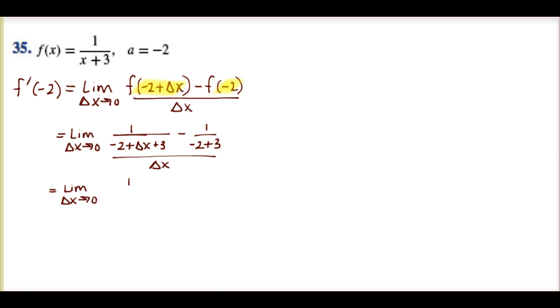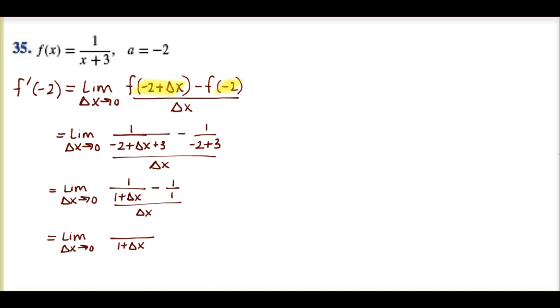It'll be 1 over, that'll be 1 plus delta x minus 1 over 1 divided by delta x. And now I'm going to get a common denominator in the numerator. So that common denominator is going to be just 1 plus delta x.